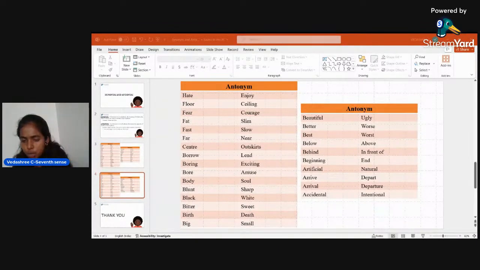Chart based problems, that is data interpretation, I'll explain in the afternoon.